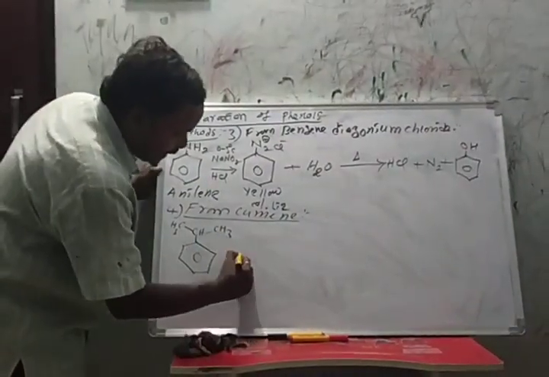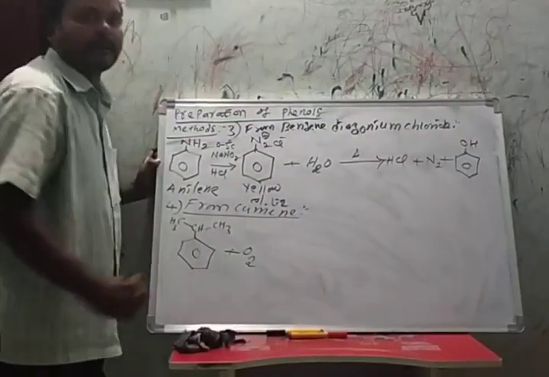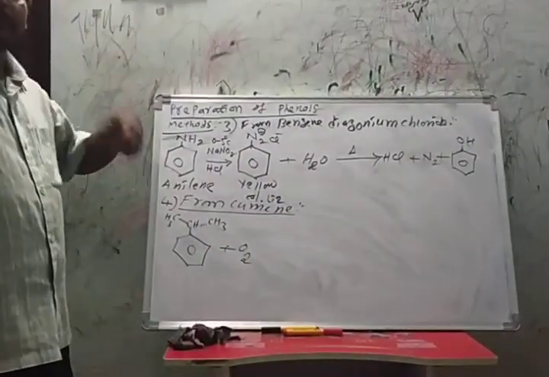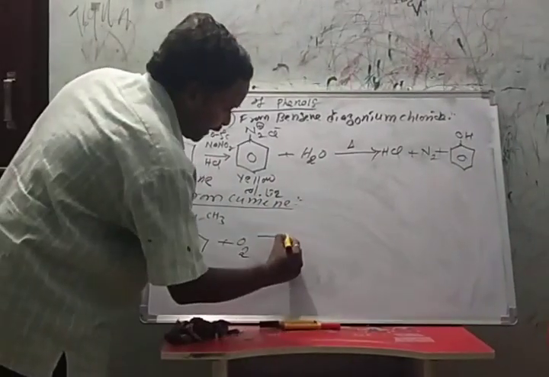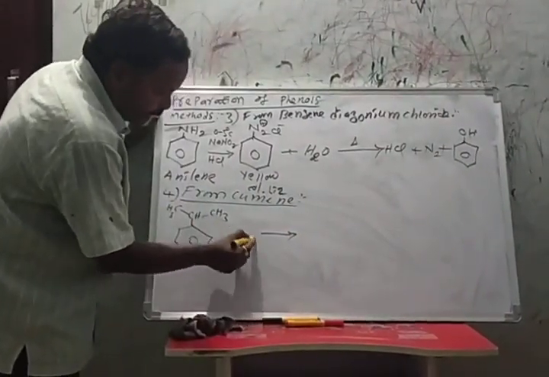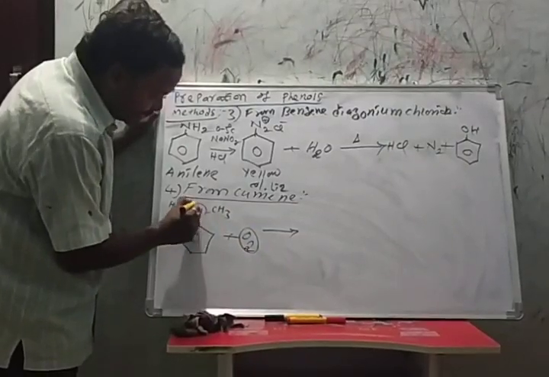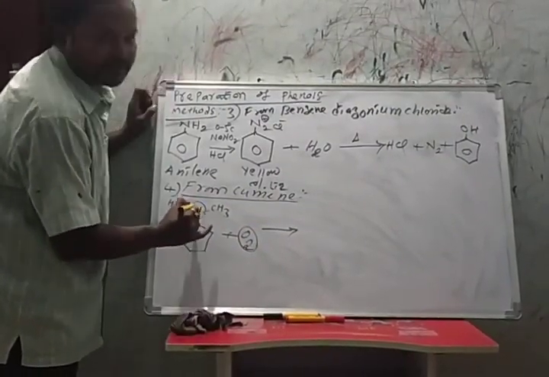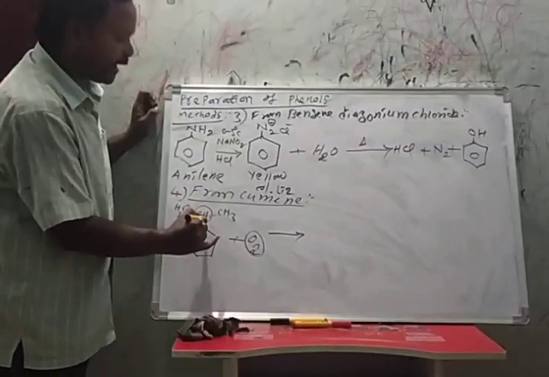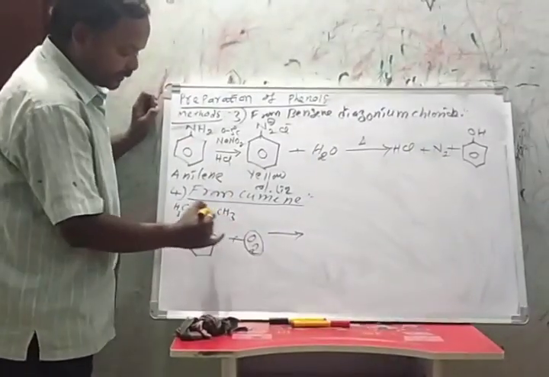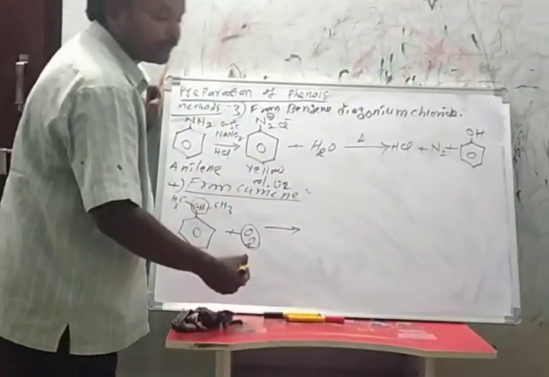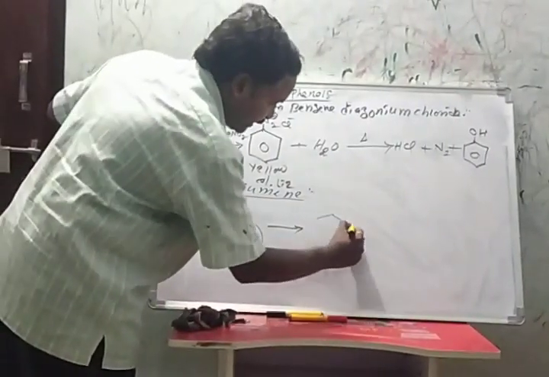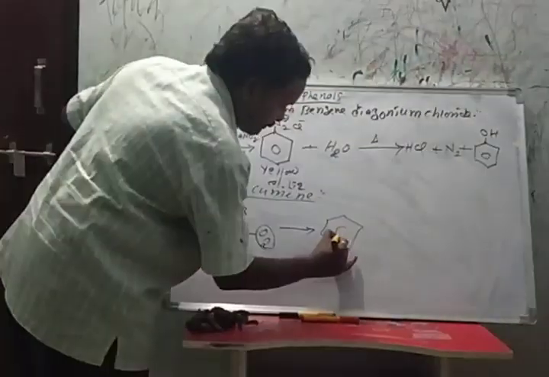When cumene is exposed to atmospheric oxygen, this oxygen is inserted in between the carbon and hydrogen of the middle carbon and hydrogen, and forms cumene peroxide.